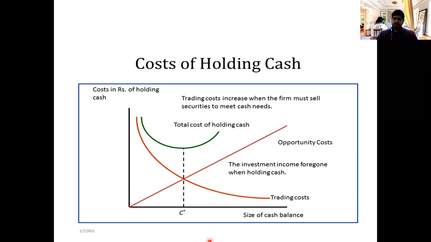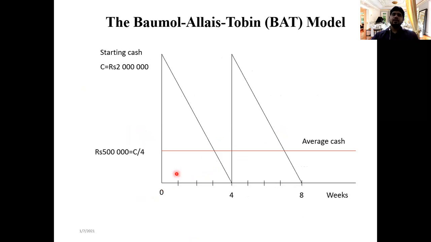And we move to the BAT model, Baumol, Allais, and Tobin model, right? Here, in the vertical axis, the cash balance will be figured out, the amount of cash balance, and in the horizontal axis, the time.